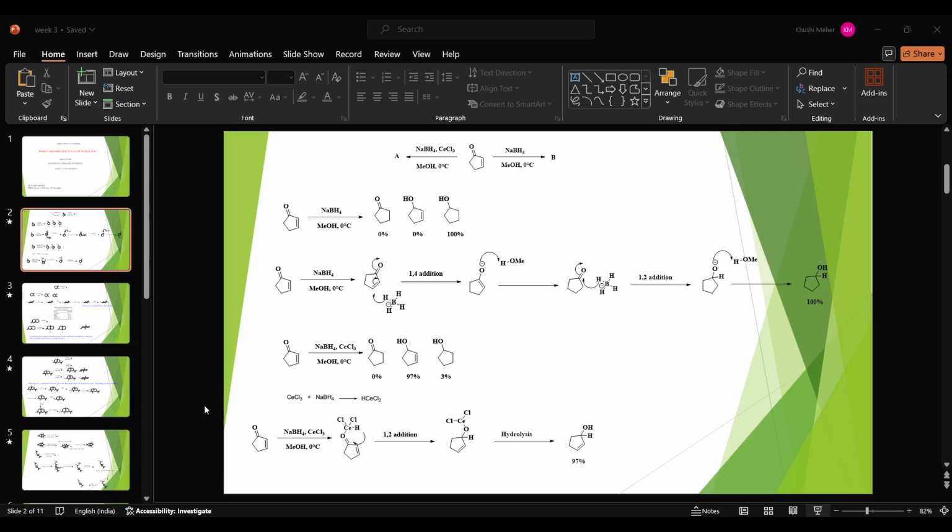These are hydrate Lewis acid reagents, and they can transport their hydride to the ketone, and we will get our corresponding alcohol product.